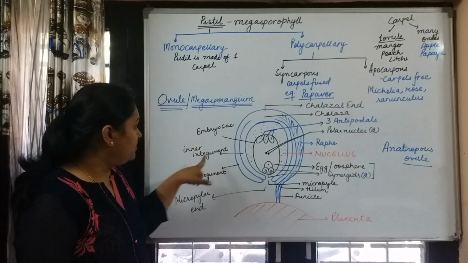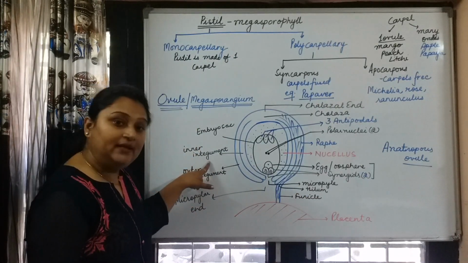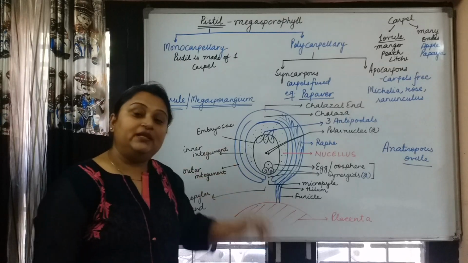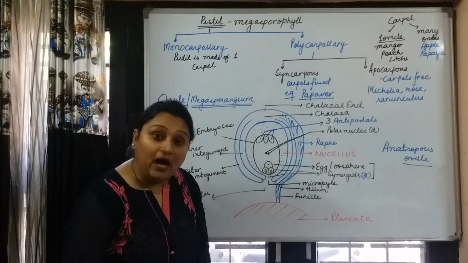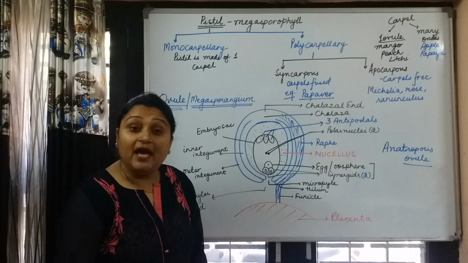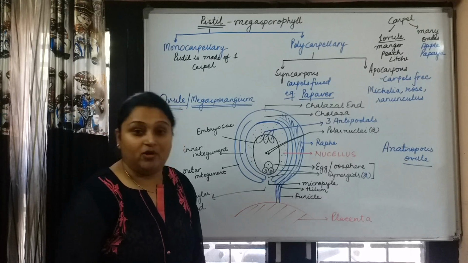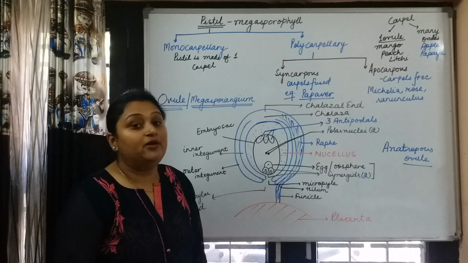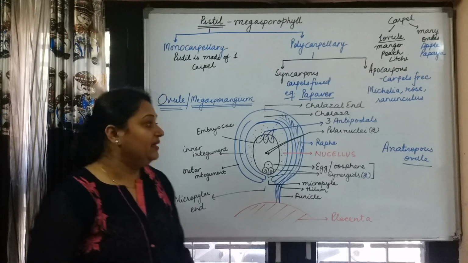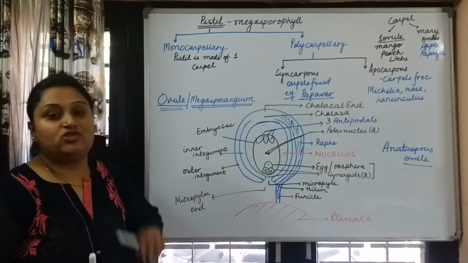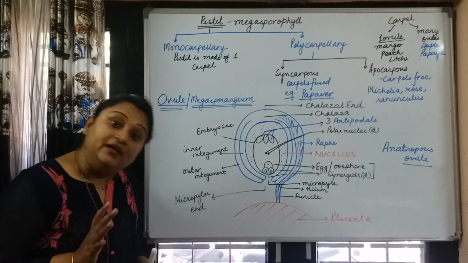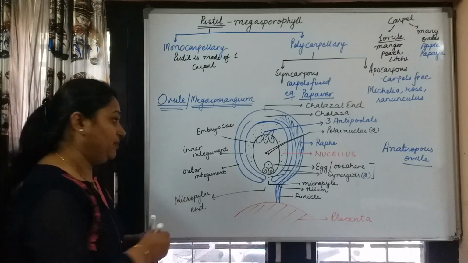Then we have discussed the outer integument and the inner integument. All these structures are part of the flower. They have not participated in meiosis. They have not undergone any division like that. Therefore, all these structures are hence diploid. This we have to remember.